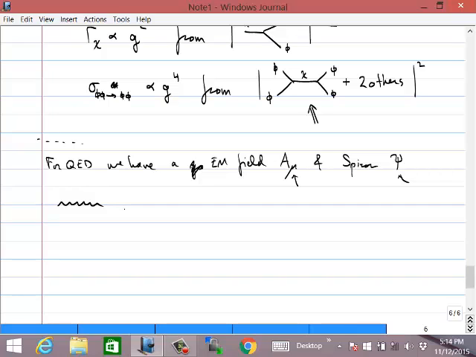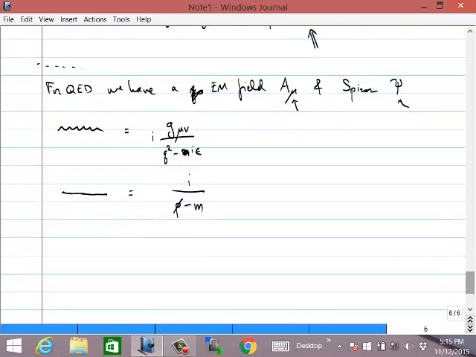So, for example, there'll be a propagator for the photon, which is something that we've already computed. This is what we call the Feynman propagator, or the propagator in Feynman gauge for the photon. Similarly, from the action, there'll be a propagator for the electron, which we also calculated in momentum space.